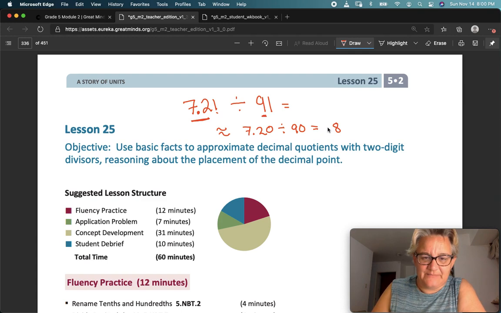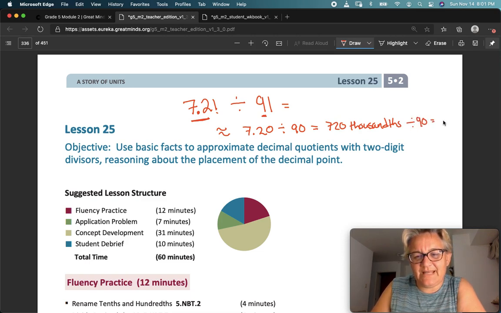So let's see. If I consider this to be thousandths, so 720 thousandths, let me just do that. I'm going to write it like that. 720 thousandths divided by 90.